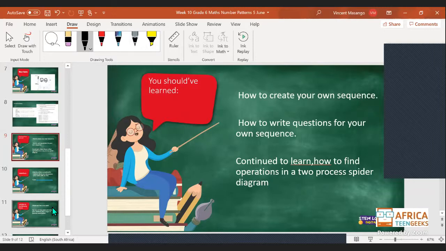Right, so you would have learned how to create your sequence, how to write questions in your own sequence, and how to find operations in a two-process spider diagram.